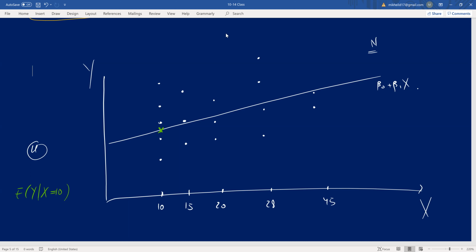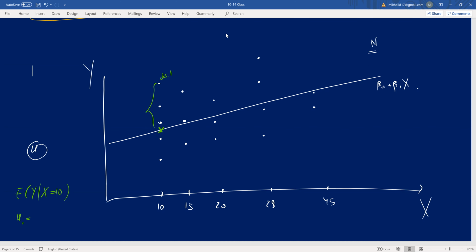Do you guys agree with me? Yep. Okay. So let's say if this is my first point, observation 1, sorry. So then this will be U1, right?